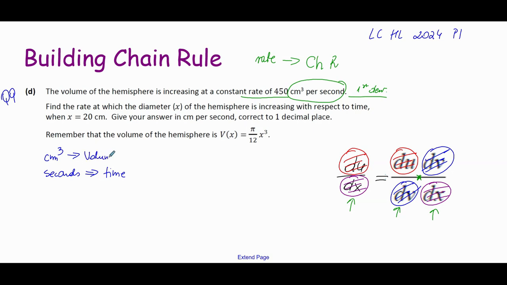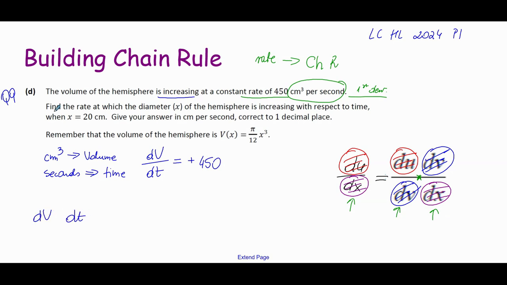Volume. So in this case, it is a derivative of volume and time. And don't forget, time will always be like x, the independent variable. They gave you a derivative value of 450, and because we have the words is increasing, we know it's positive. So I've got the first two elements: I have dV and I have dt.